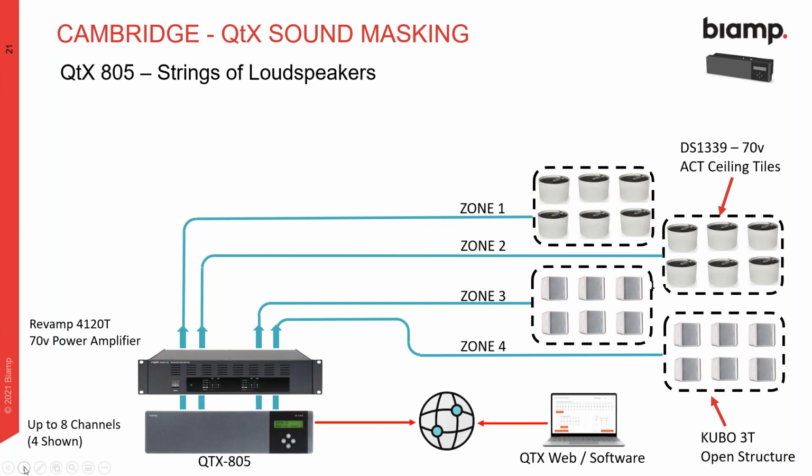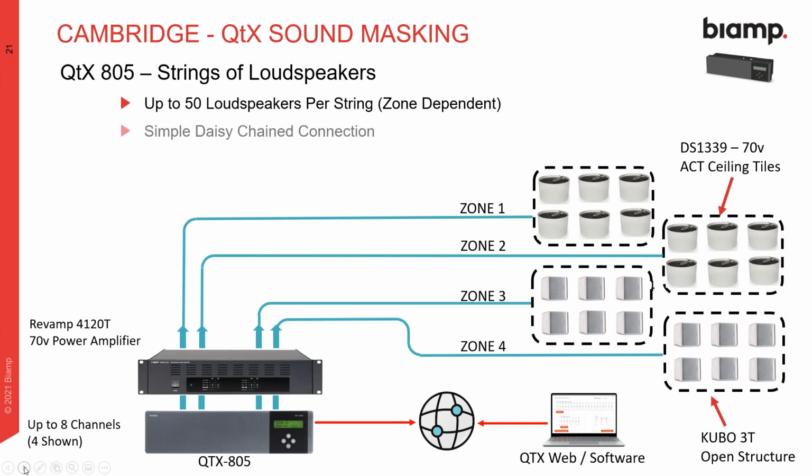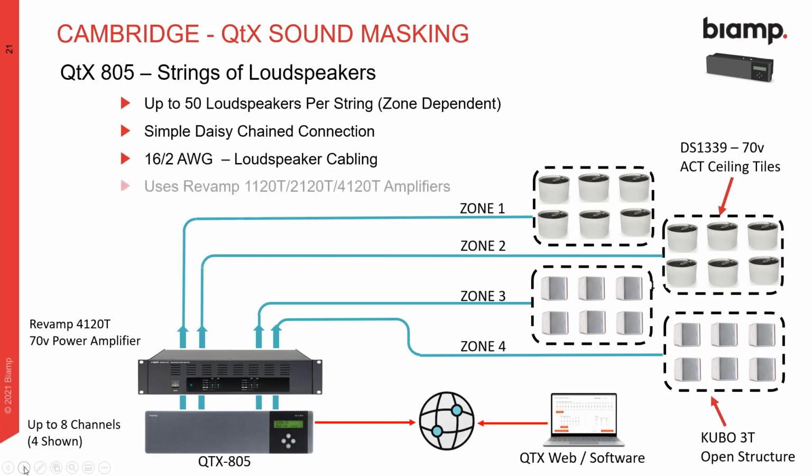Here's some example topology of how an 805 might go together. On the bottom here, I'm showing the QTX 805 connected to the web GUI software via the network, feeding that into a Revamp amplifier. Biamp has a line of Revamp amplifiers that we'll be using for sound masking. And out from the amplifier is simple daisy-chained 70-volt connections with 16.2 loudspeakers to do some zoning per output, so you can use multiple ceiling types, one per zone.